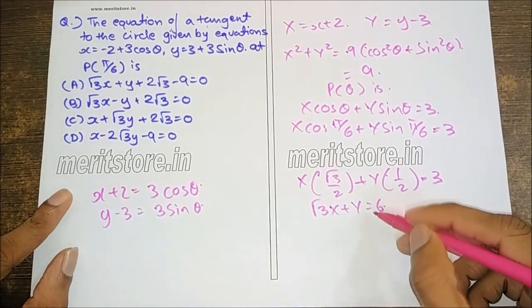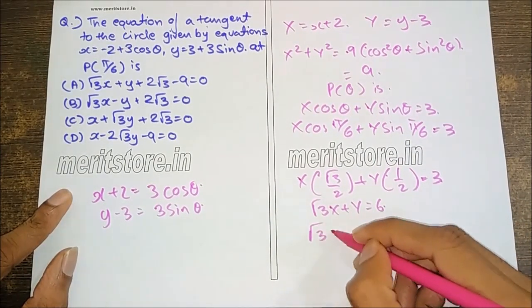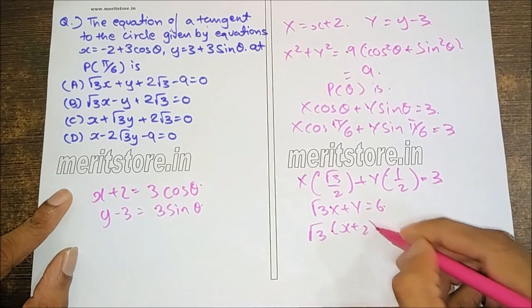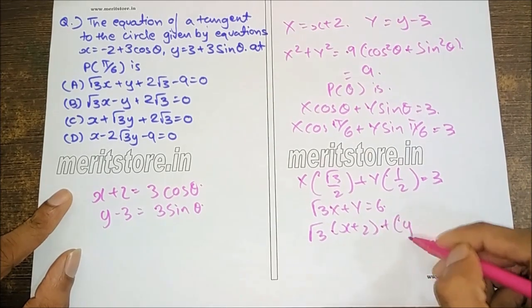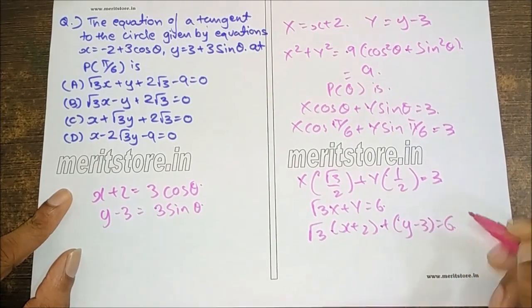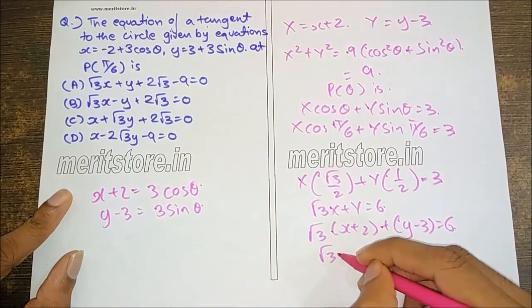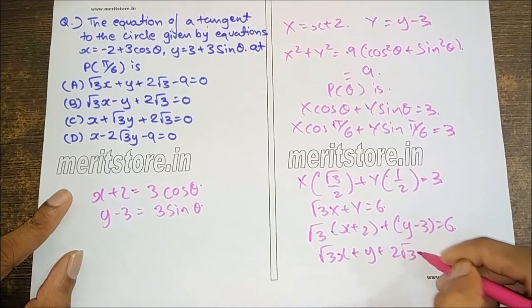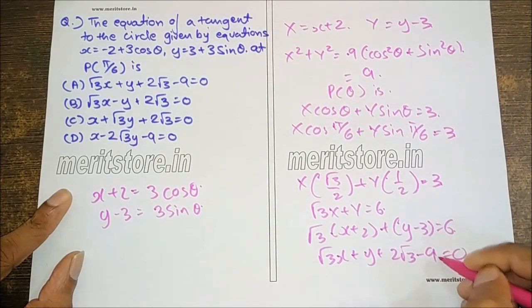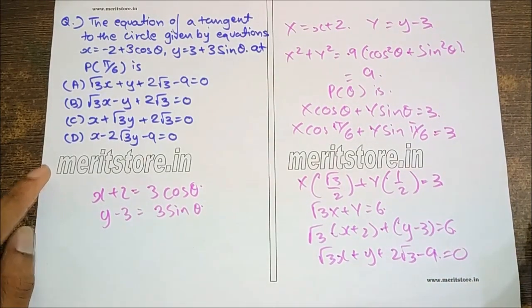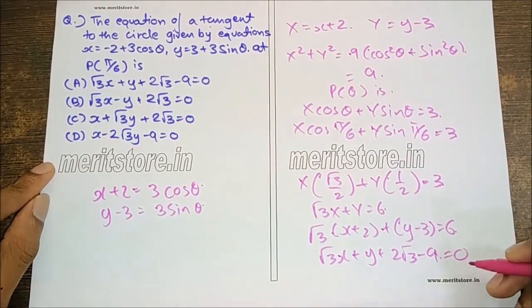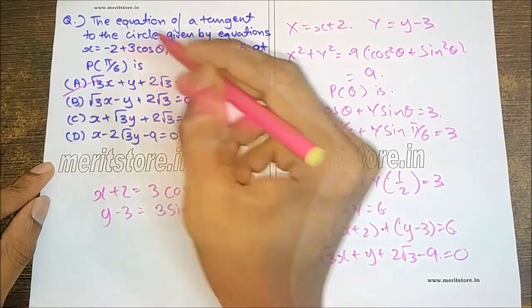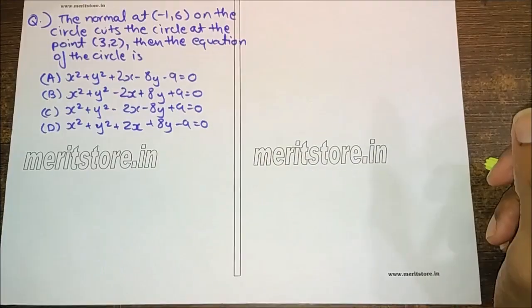Further, we substitute the values of X and Y, we get root 3 (x plus 2) plus (y minus 3) equal to 6. For the solving, we get root 3 x plus y plus 2 root 3 minus 9 equal to 0. Which is, we see our answer matches with option A. Therefore, option A is the correct answer.